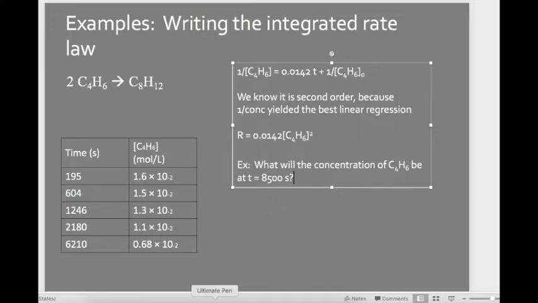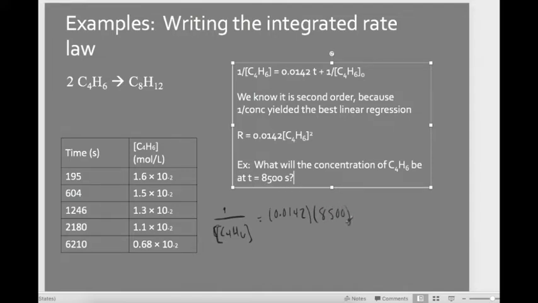Well, it's this easy, my guys. I can just plug in 8,500 seconds for time up here, and I can say that 1 over the concentration of C4H6, that's what I'm trying to find, is going to be equal to 0.0142 times my time of 8,500 seconds.